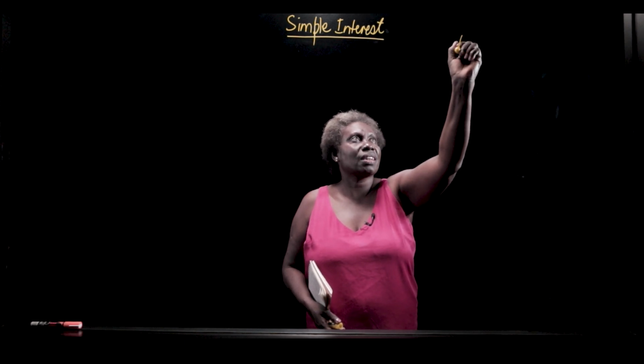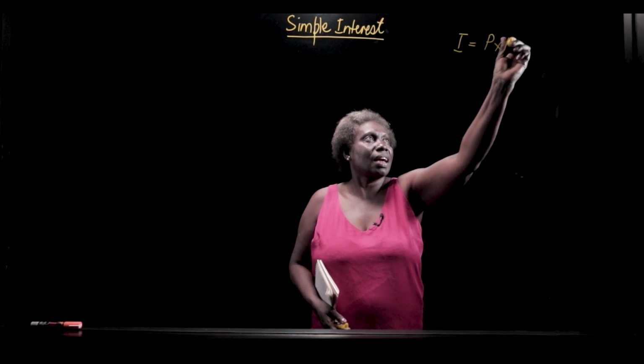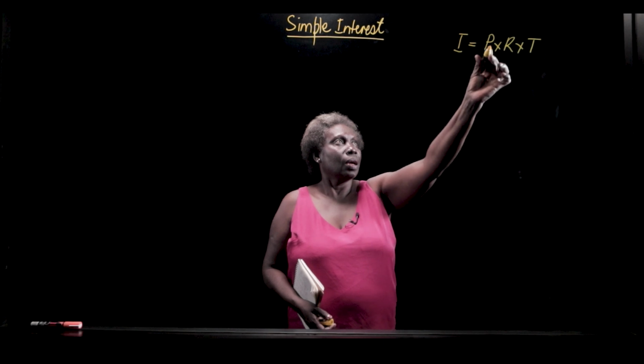So the formula for simple interest: I is equal to principal times rate times time, where principal is the actual amount that you deposit or invest. If you are borrowing, that's the amount that you borrow.